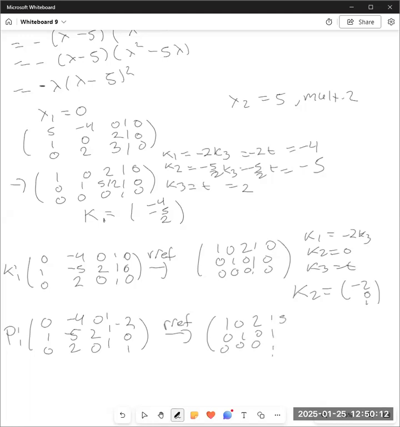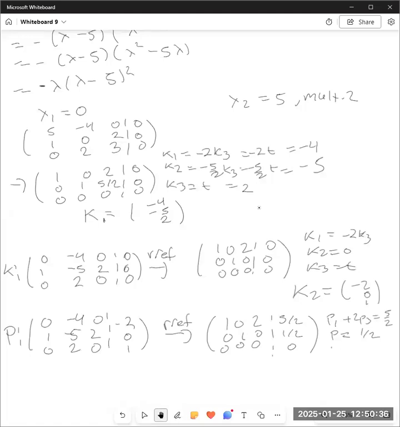Then on this side 5 halves, 1 half, and 0. So P1 plus 2P3 equals 5 halves. P2 equals 1 half. P3 is a free variable. Don't worry about it.